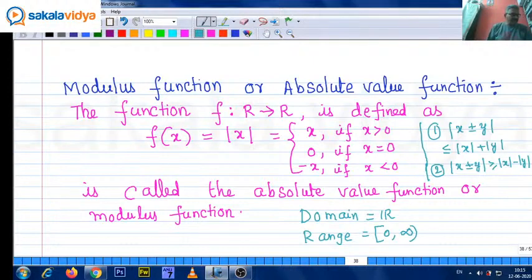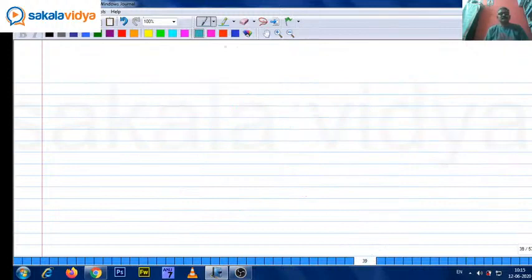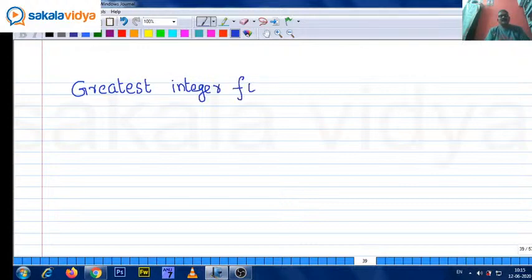So let us discuss one more very important function, that is the greatest integer function.